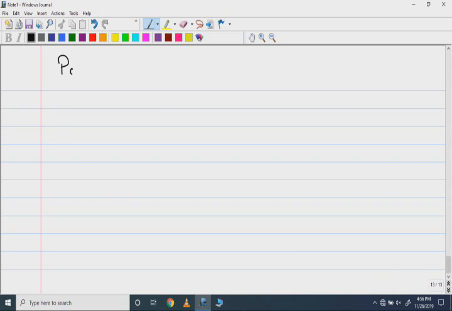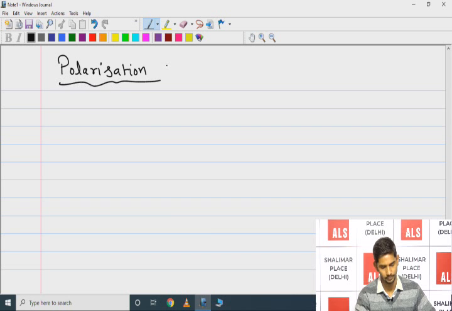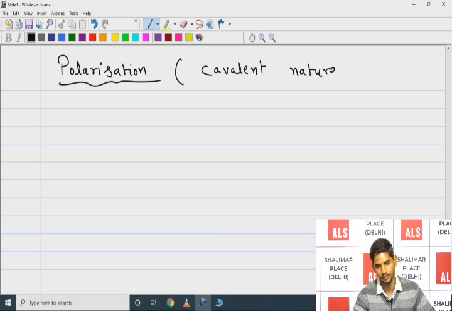Next topic is polarization, meaning covalent nature in ionic bond.